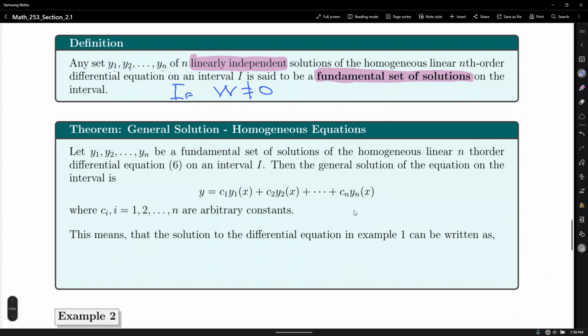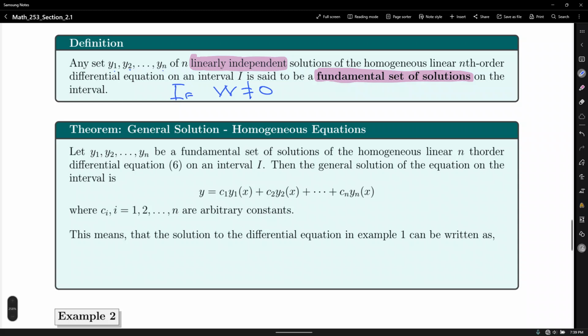All right, okay, so now whenever we determine that a set of solutions is linearly independent, then we can write a general solution. So let's say y1, y2, y sub n forms a fundamental set of solutions to the homogeneous linear nth order differential equation on the given interval.